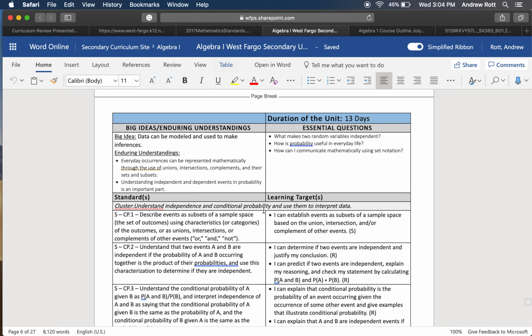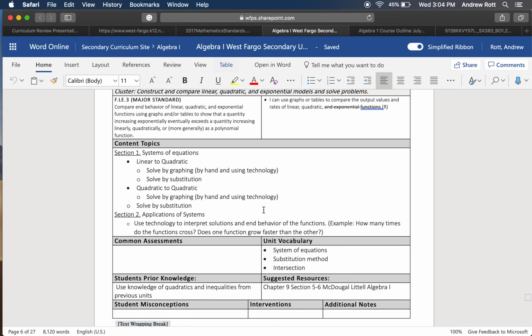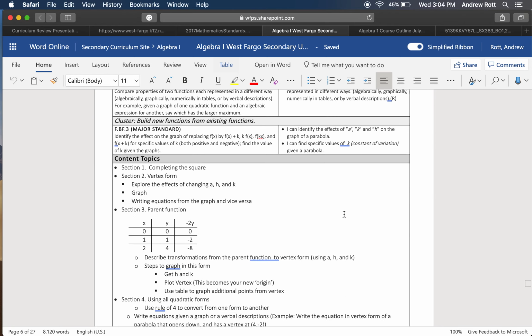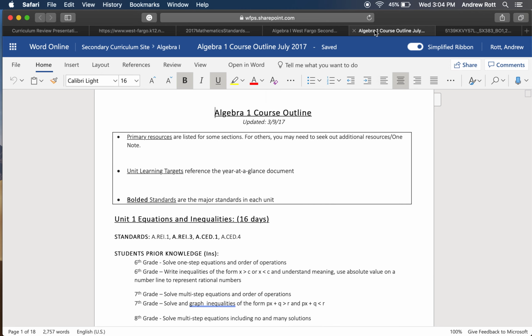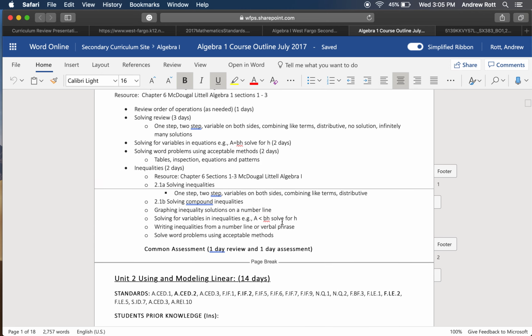I feel like our curriculum has been pretty successful. It's very organized. Between that and our standards, that's the strongest part of this curriculum. You can see each unit right at the top says how many days it should take, and then we have this course outline that tells you why it takes that many days.